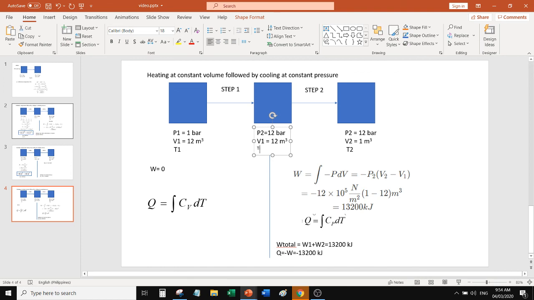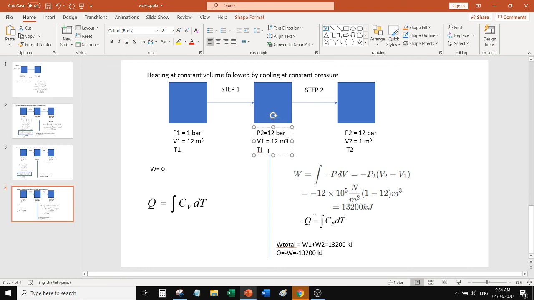That's the problem. You still need to solve for an intermediate temperature to be able to solve for Q in step 1 and Q in step 2.